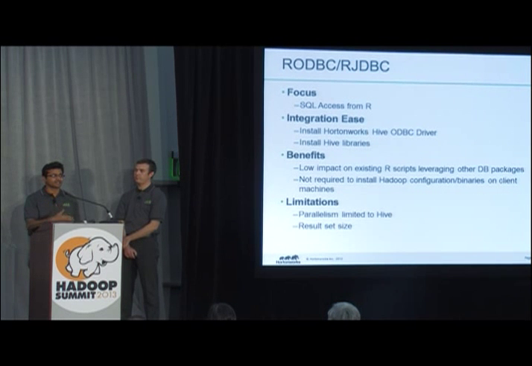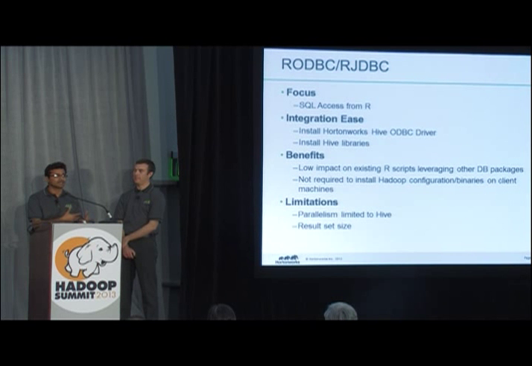So it stops at that level. And the result set size itself will be limited by the machine where you have the R client installed. You won't get the whole data set from there and start accessing. You will do some aggregation, get a smaller result set, bring it into your R client and start working from there.